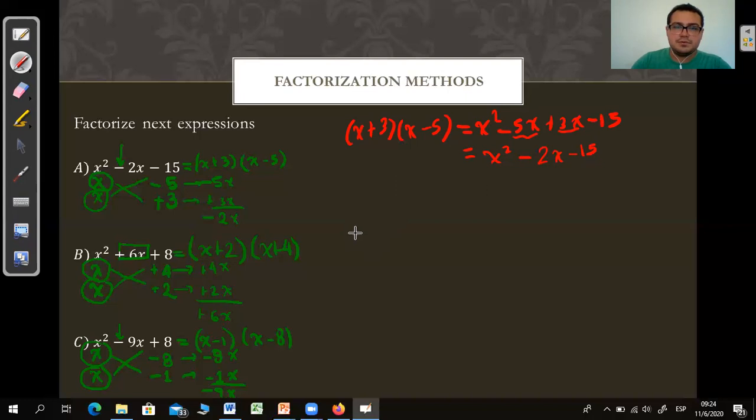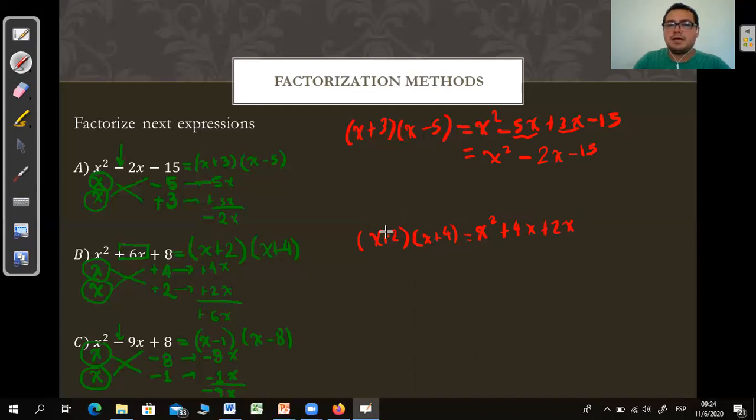Let's do the same with the other one in order just to check. Of course, checking is not something that you have to do, it's something that you should do in order to check the job you did. So x times x, x squared. We have the first part, x times 4, positive 4x. Next one, 2 times x, it's 2x.